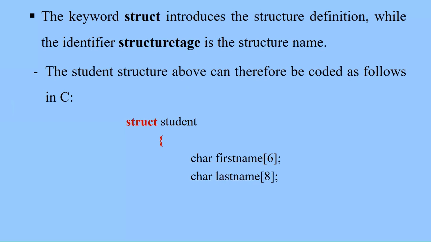Then we have an array of char for last name, which is supposed to not exceed 8 characters. Then int age, float average score, and then we have that right brace with a semicolon.